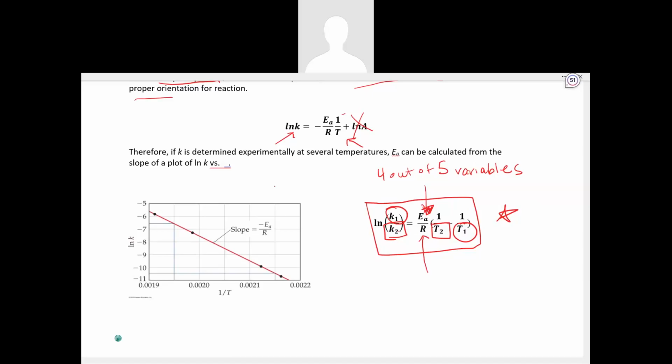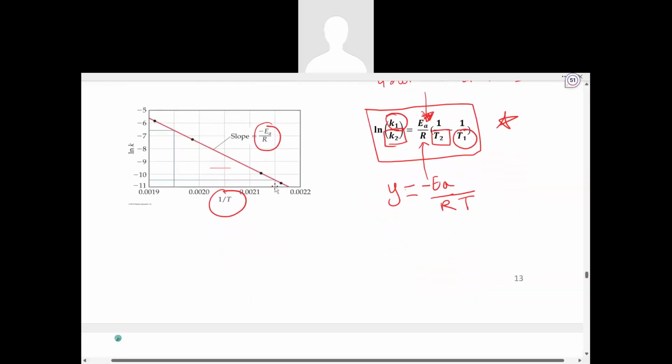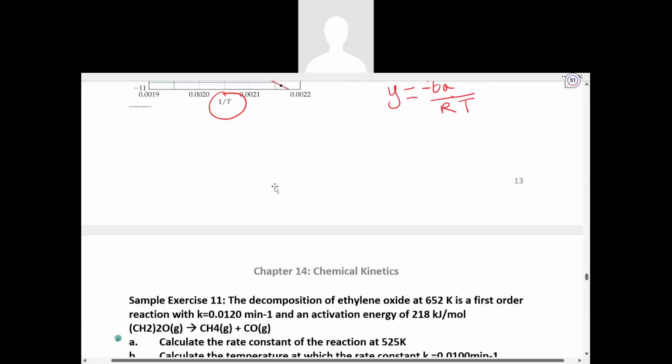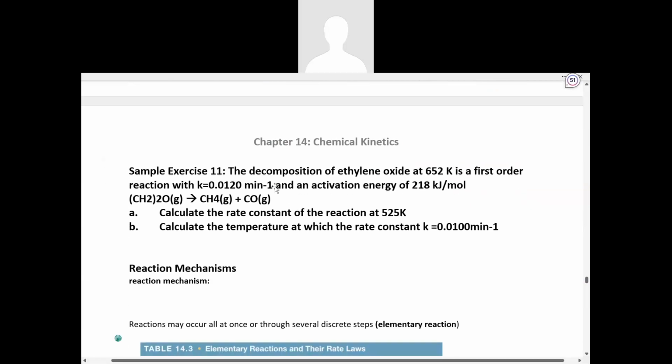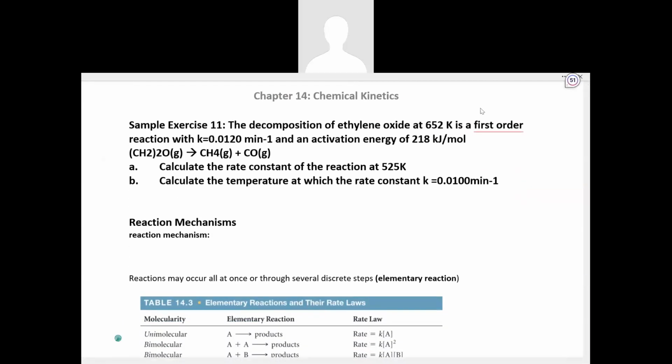The way that we can think about this equation is as a linear relationship where our natural log of K is our Y, and our M, if you will, our slope, is going to be negative EA over R. And then our X is actually the 1 over T value. So that's where we can get this linear relationship and this actual display over here on the left. So in the next video, we'll take a look at sample exercise 11.